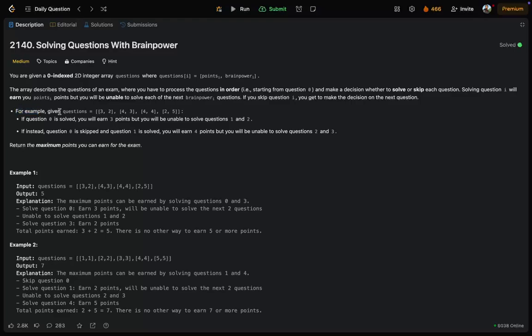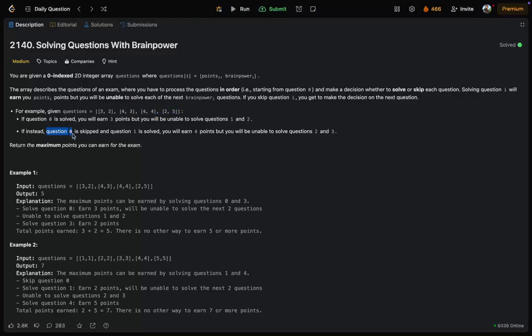For example, if the array is this, if question 0 is solved, you will get 3 points, because we have points and brain power. Then you will be unable to solve question number 1, then 2. So you will not solve these questions and jump on to that question.